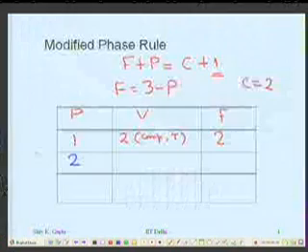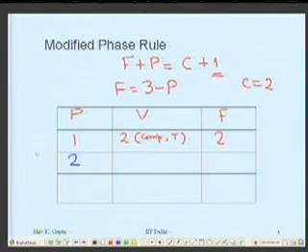If I have 2 phases present in the system, how many variables do I have? 3. Out of which 2 will be composition variables and 1 will be the temperature. Okay? And the degrees of freedom I have is 1.